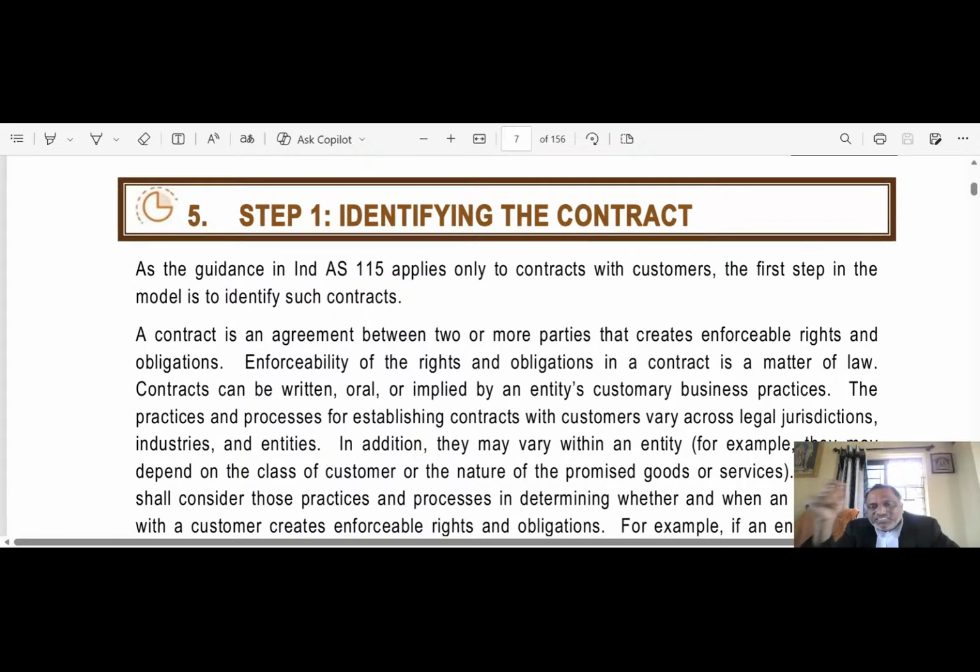Enforceability of the rights and obligations in a contract is a matter of law. Contracts can be written, oral, or implied by an entity's customary business practices.